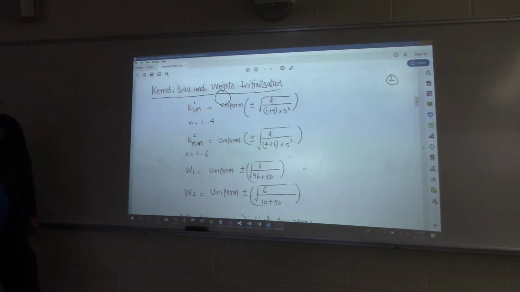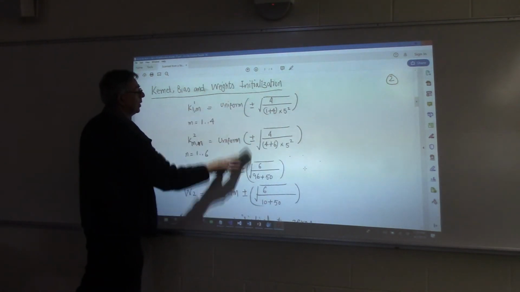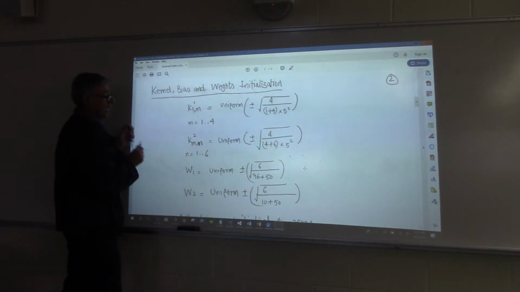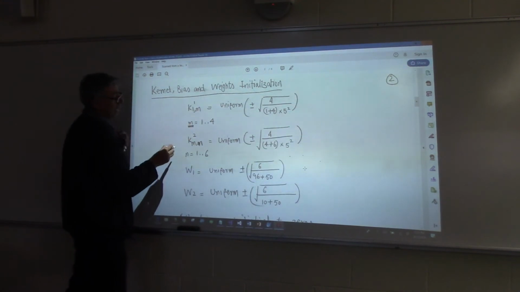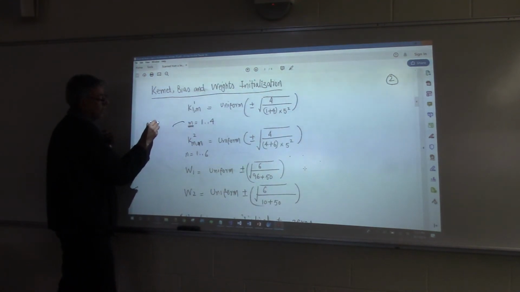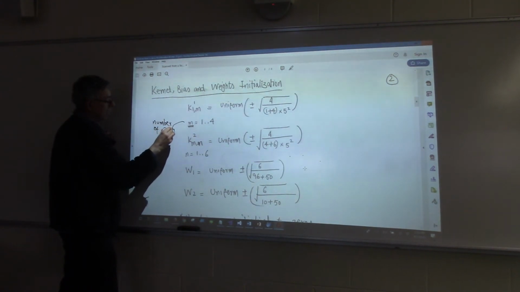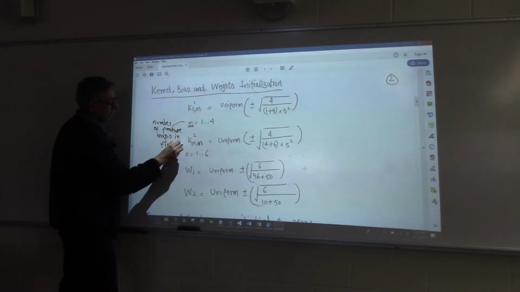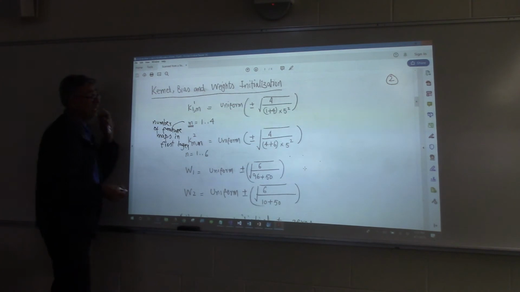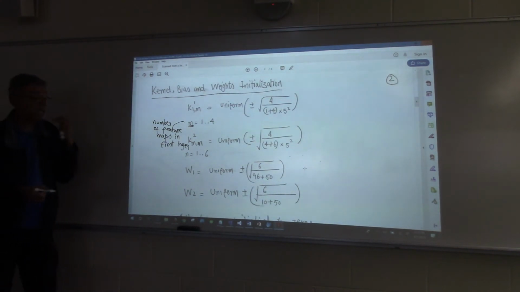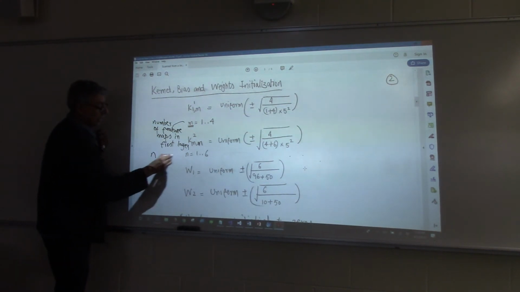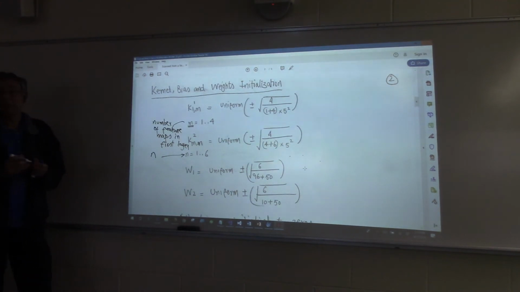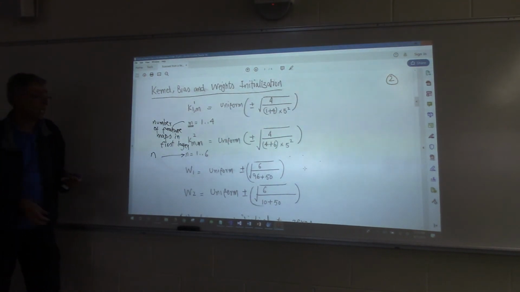In the terminology that I'm using, by the way, I'm using the letter M for the number of feature maps in the first layer. So in our example, M will always vary from 1 to 4. Then N, as you can guess, is the number of feature maps in the second layer.